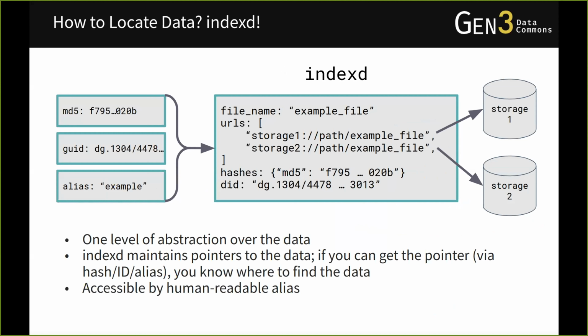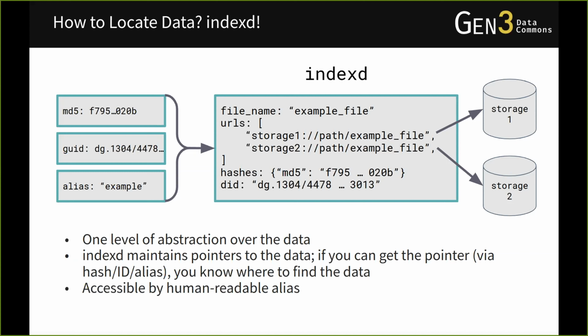It may be located in multiple buckets. It's pretty common for things to exist in Google and also be replicated into Amazon, so that if someone's running an analysis in either of those, they can choose the one that's going to cost them less and also be a little bit quicker in terms of access.